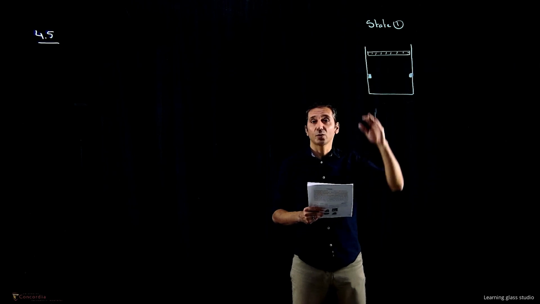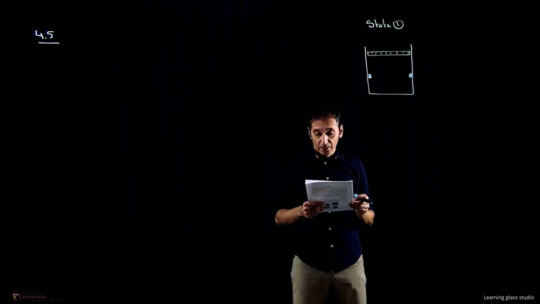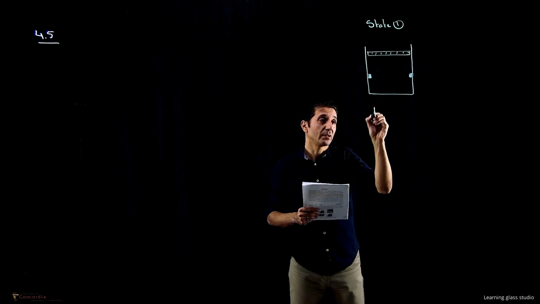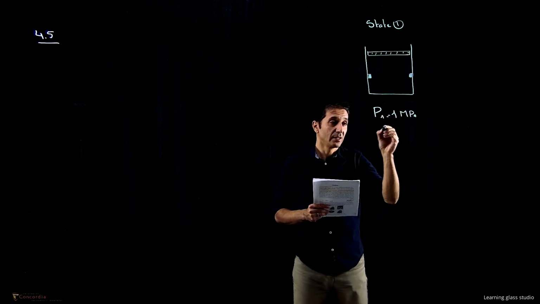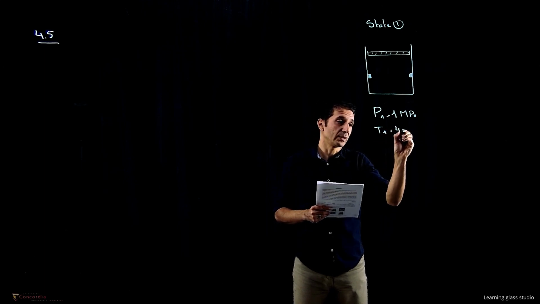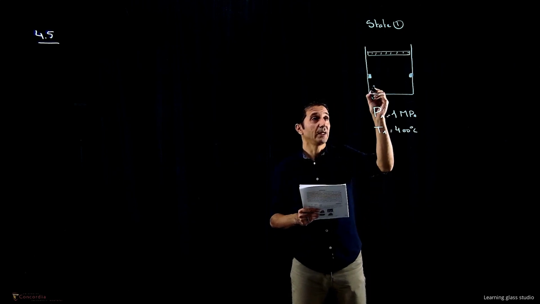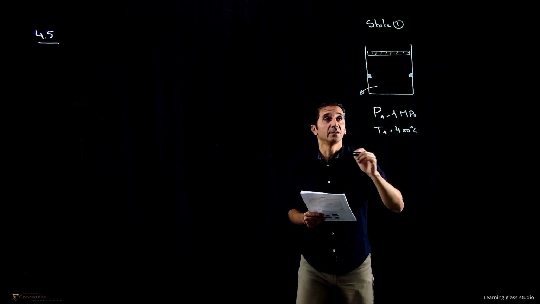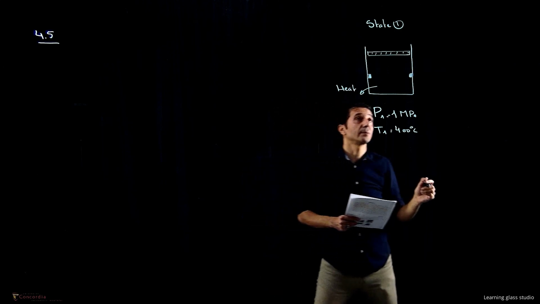So the piston cannot go below this level. So what do we know? We are given that P1 is equal to 1 megapascal, and T1 is equal to 400 degrees C. And we are told that we'll be cooling this down, so we're rejecting heat.